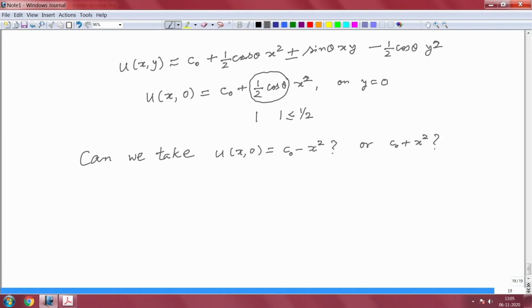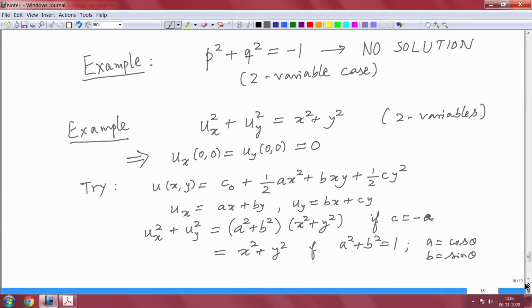The answer is not easy. So, I want you to study this example carefully, and you see this is a decent looking equation and decent looking initial conditions, okay. Yet it is difficult to see whether it has a solution or not.